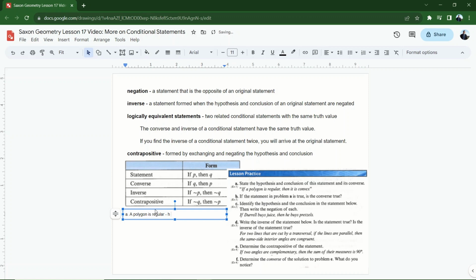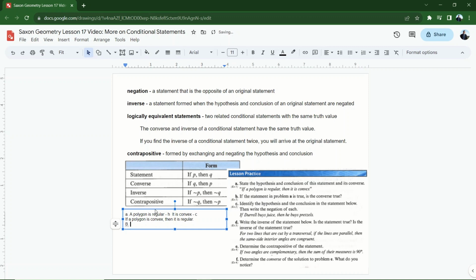The conclusion is it is convex. Now, the converse of that statement: notice it says "it" in the conclusion. I have to identify what that pronoun refers to in my hypothesis, so I'm changing it to a polygon. If a polygon is convex, then it is regular.